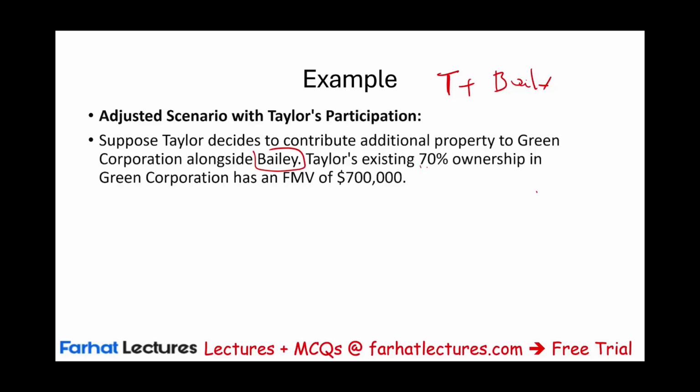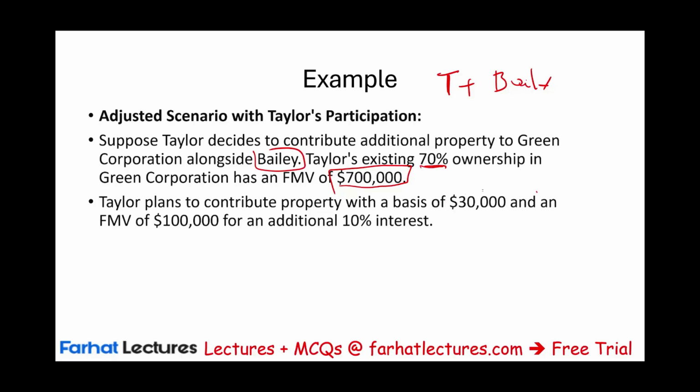Taylor right now owns 70% and has a fair market value of $700,000. Taylor planned to contribute property with a basis of $30,000 and a fair market value of $100,000 for an additional 10%. Now what does that mean? It means Taylor is contributing 10%, through a property with basis of 30, fair market value of 100.